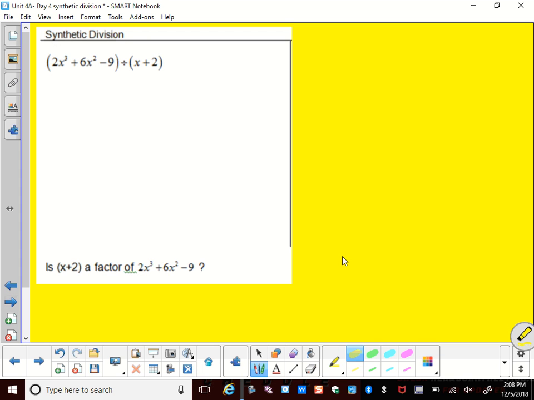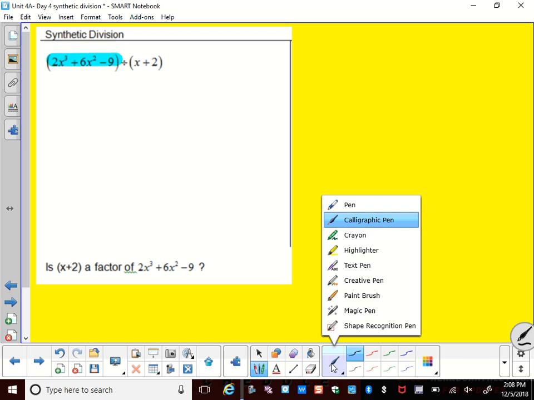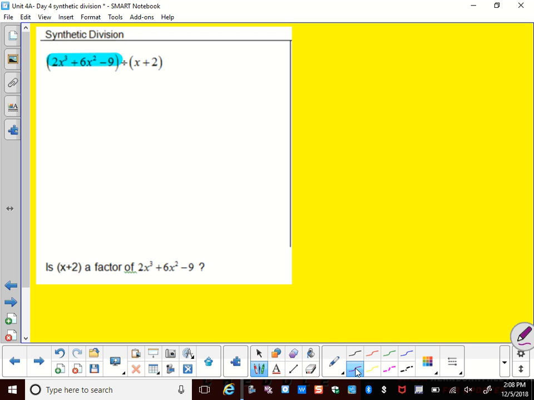So take a look at our first one. 2x cubed plus 6x squared minus 9. Whatever I start with, I'm just going to go down and see if I need to add anything. Alright, so I have 2x cubed. Do I have x squared? Yes.